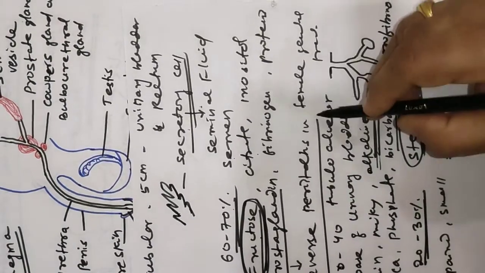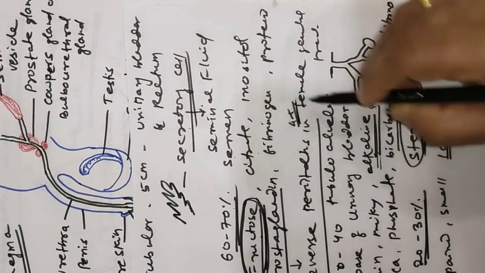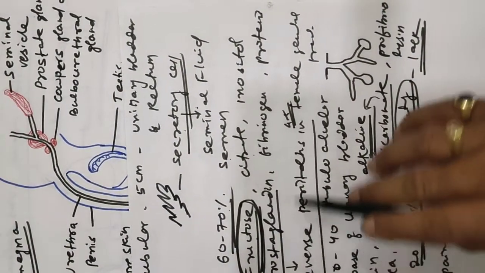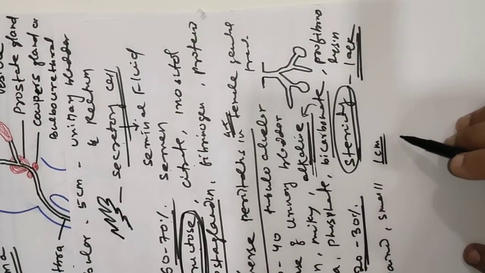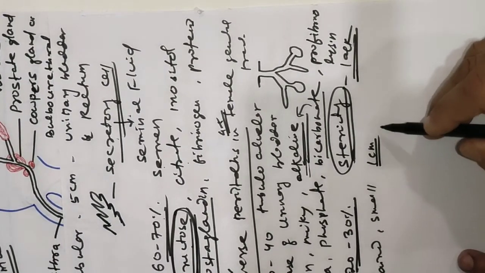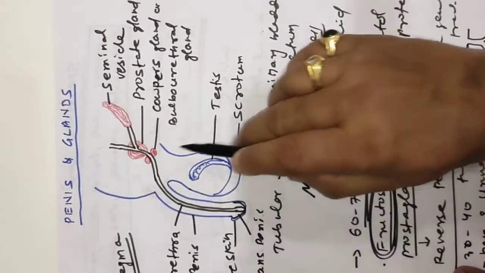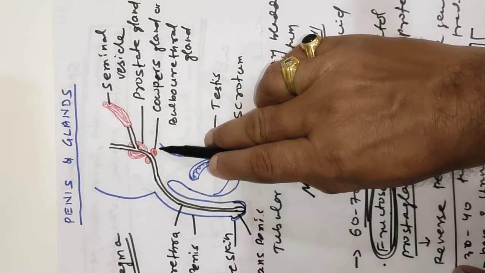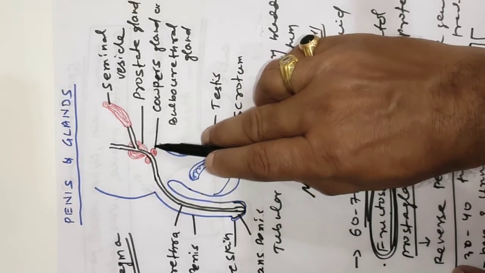The prostate gland is about 4 to 5 cm in diameter and the seminal vesicle is 5 cm, whereas this is only 1 cm in diameter. It is very small and found below the prostate gland. Clear?